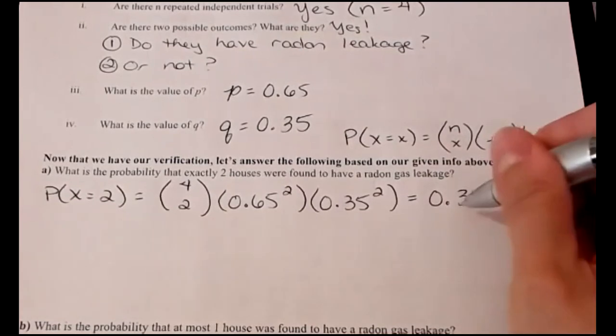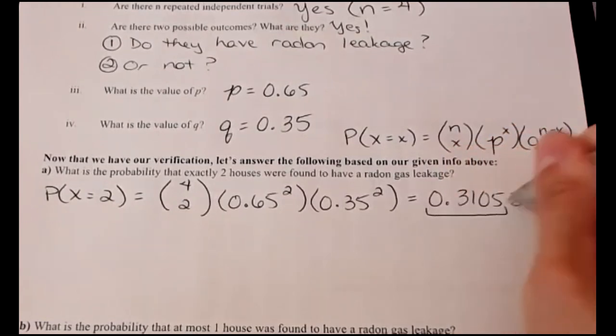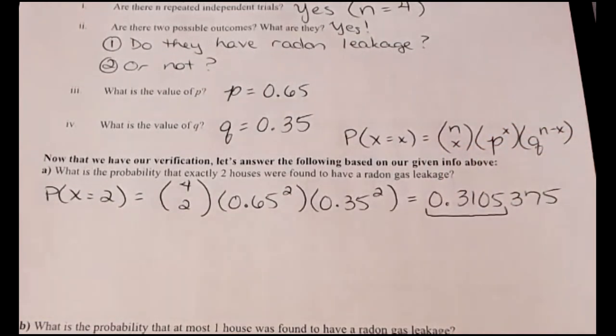I'm going to just take into account 4 values after the decimal. I don't have to round up at all. I leave it as 0.3105.